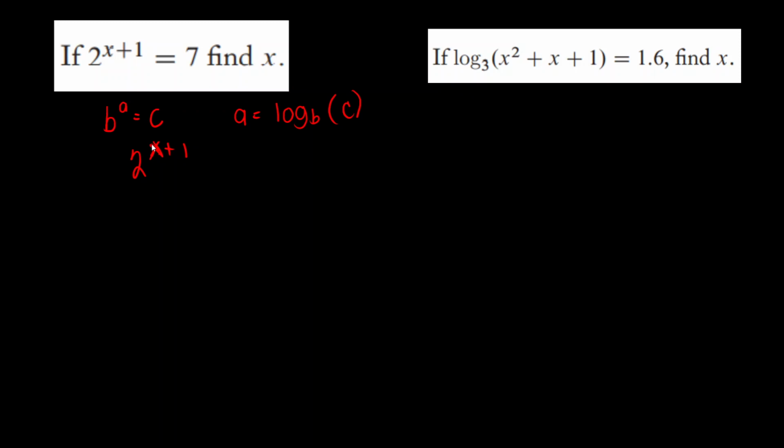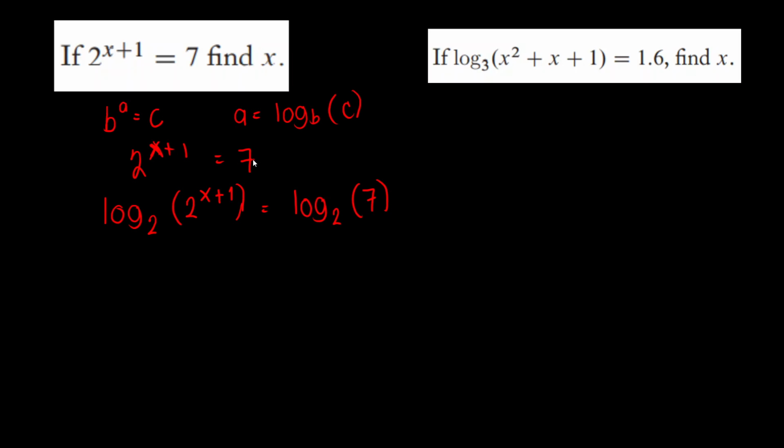Okay, yan ang kailangan nating ayusin is equals to 7. Kailangan natin hanapin yung x. Paano natin mahanap kung nandun siya sa exponent? Siyempre, ito ang base niya, di ba? So, magiging log 2, okay, x plus 1 is equals to log 2 of 7. Okay, ganyan yan.